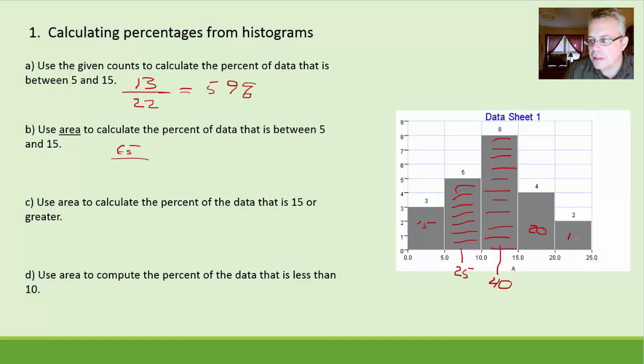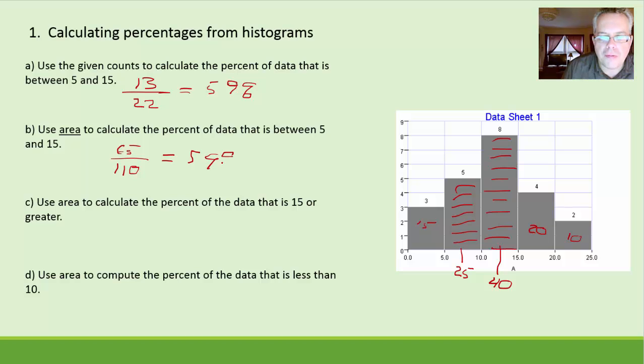And this one is 10. So the total area is the 65 I had already. That would make 95, 100, 110. Okay, so 65 out of 110, and it should give me the same percent. So I'm dividing it on my calculator here. 65 divided by 110, sure enough, 59%.